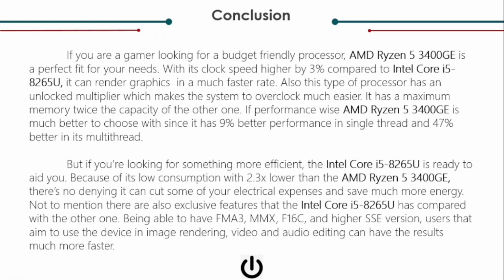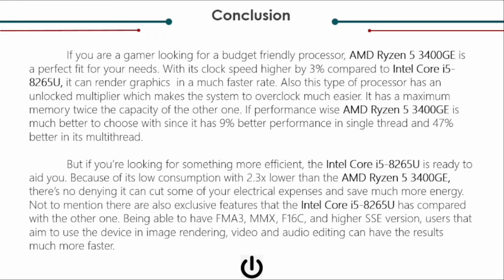But if you're looking for something more efficient, the Intel Core i5-8265U is ready to aid you. Because of its low consumption, 2.3 times lower than the AMD Ryzen 5 3400GE, there's no denying it can cut some of your electrical expenses and save much more energy.